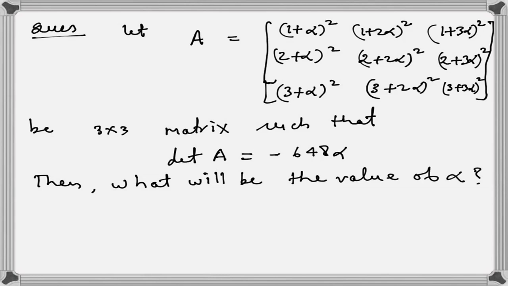Okay, so we need to first find the determinant in terms of alpha, and then we try to solve this equation. So let's do that. Determinant of A is nothing but, let's simplify those terms.